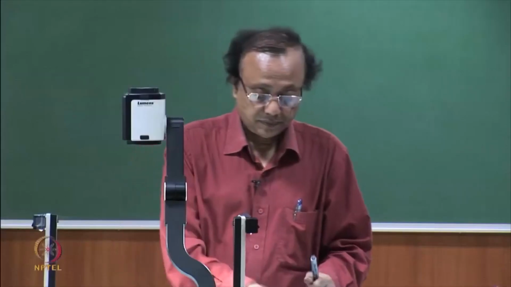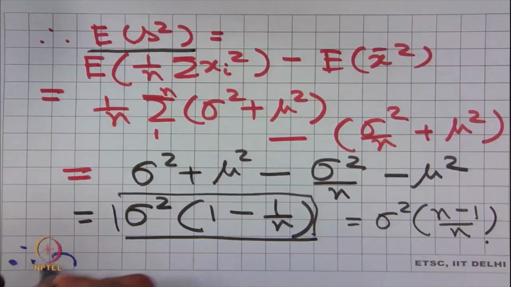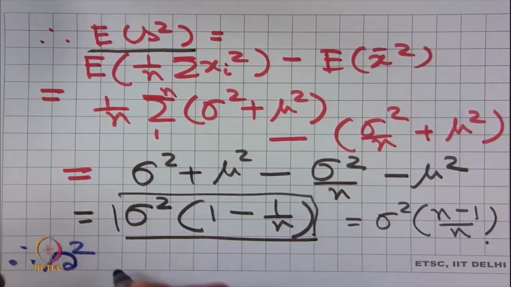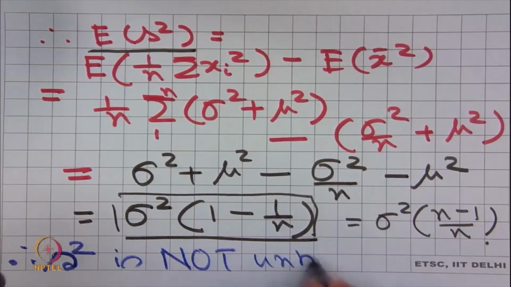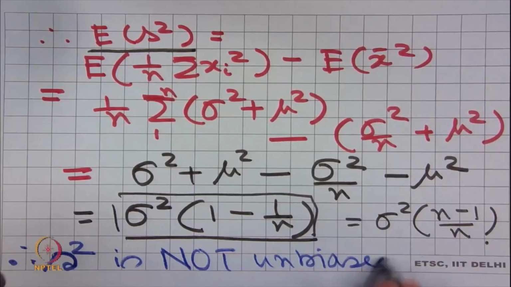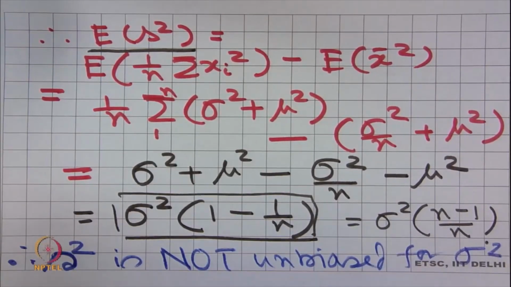Therefore, small s square is not unbiased for sigma square.